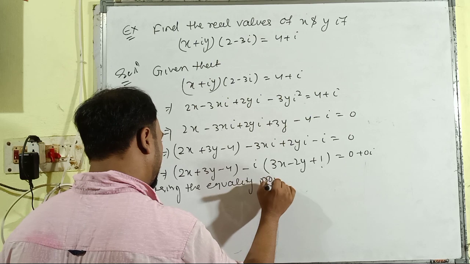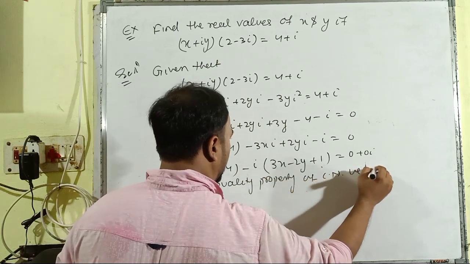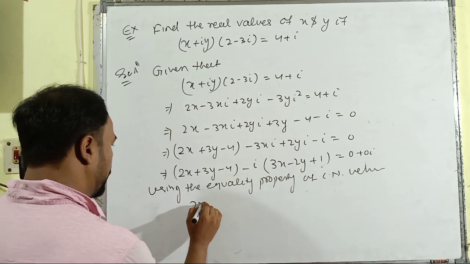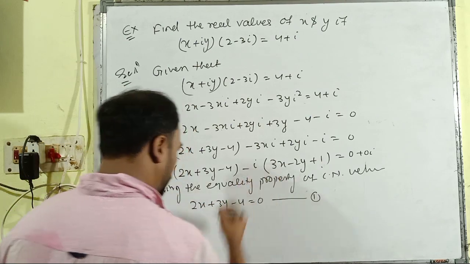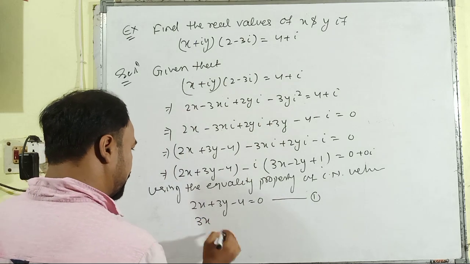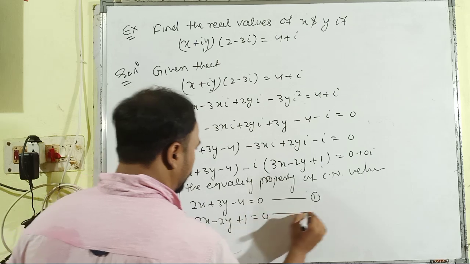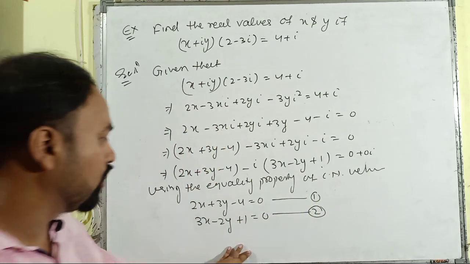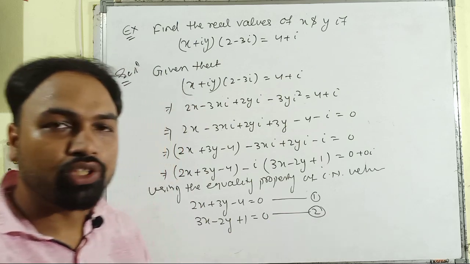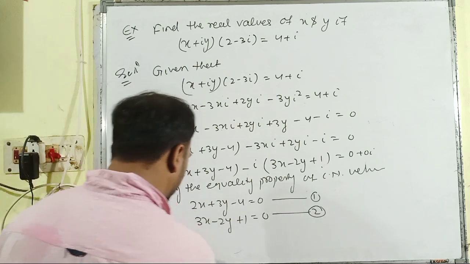Using the equality property of complex numbers, we have 2x plus 3y minus 4 is equal to 0, equation number 1. Then 3x minus 2y plus 1 is equal to 0, equation number 2. It is the task for you to find the values of x and y by using the elimination method on these two linear equations.